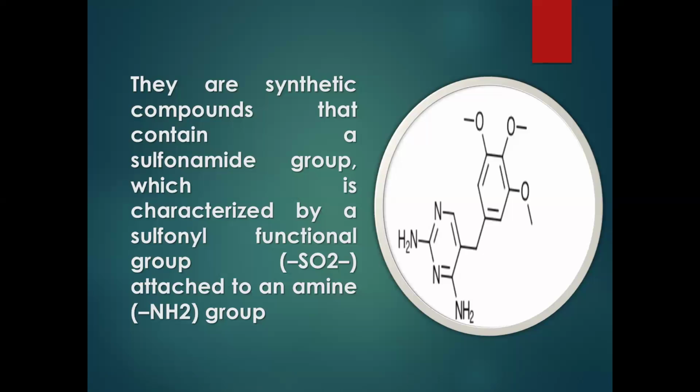It is worthy of note that when the sulfur drugs were brought into the healthcare system, it actually revolutionized the treatment of bacterial infections before the widespread use of the penicillin group of antibiotics.